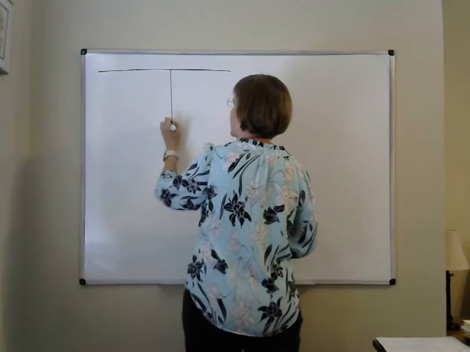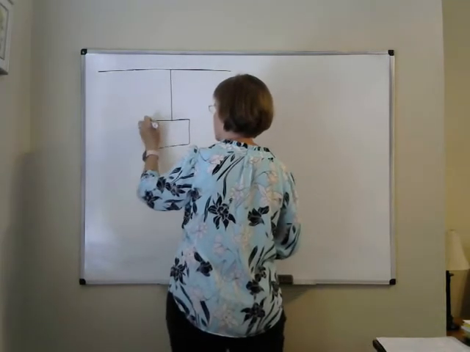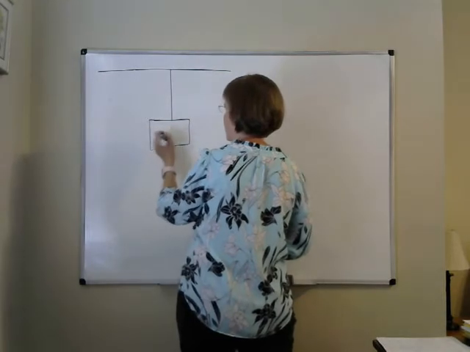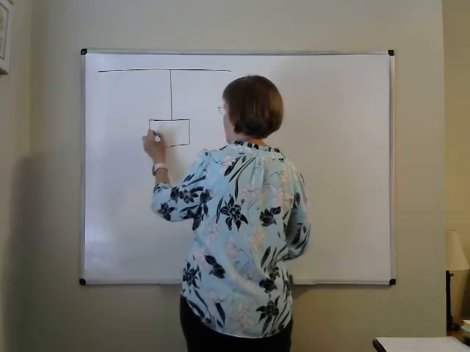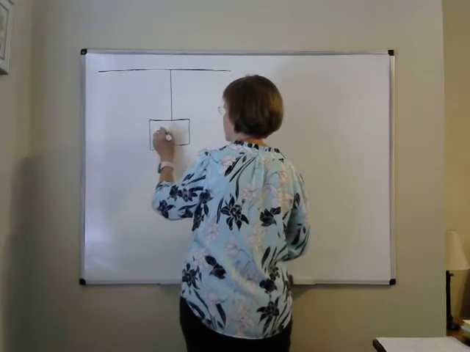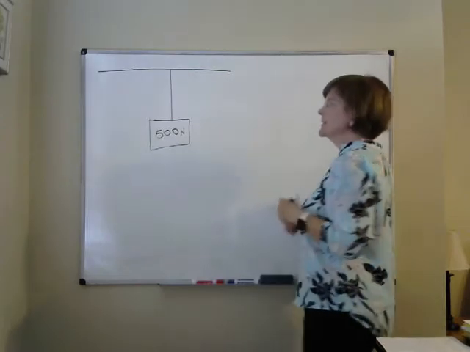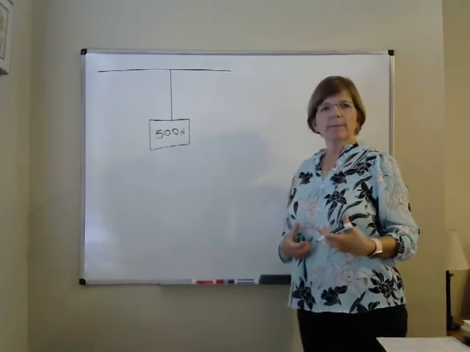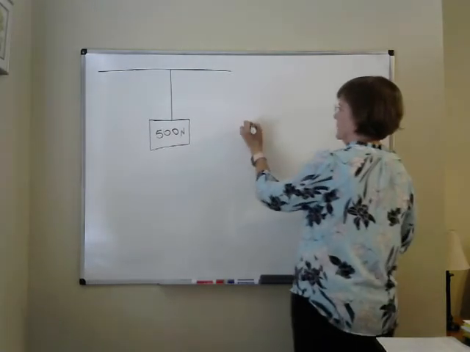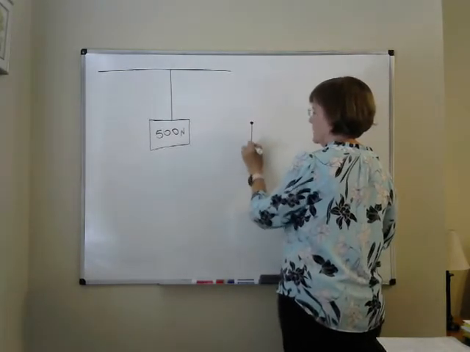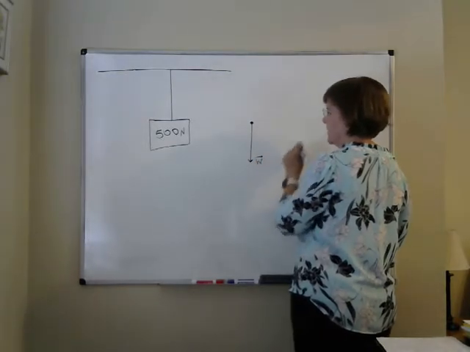Suppose I have a big cable, and hanging from this big cable I have a big mass. This big mass weighs 500 newtons. If I said draw a free body diagram, this object is at rest, there'd be two forces. One is the weight, which points down.